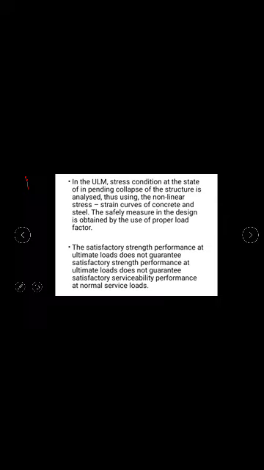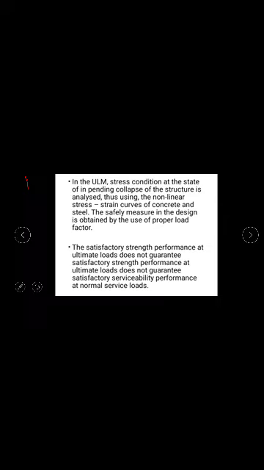So the level of stresses is immaterial. So what you can understand is that the major difference between the working stress method and the ultimate load method is that in the working stress method, the stresses are considered, whereas in the ultimate load method, the load is considered.